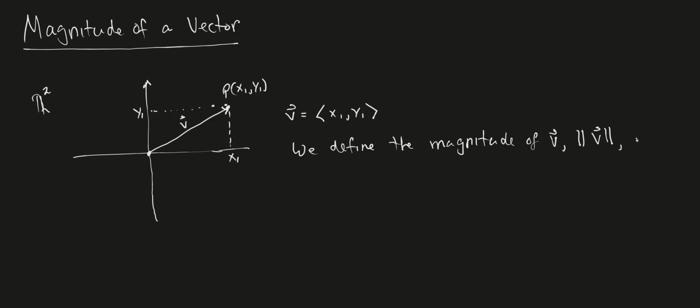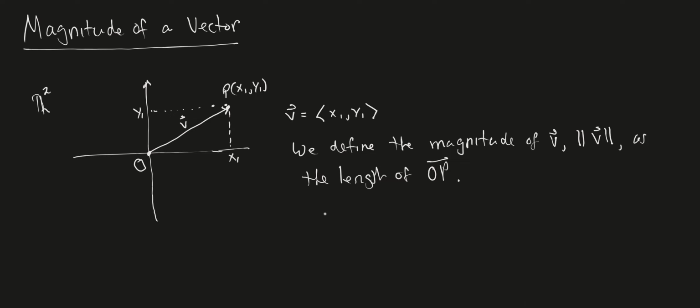So the magnitude of the vector v is defined as the length of line segment OP. That means we know how to find the magnitude of the vector because we know how to find the length of a line segment. So let's write down the formula.